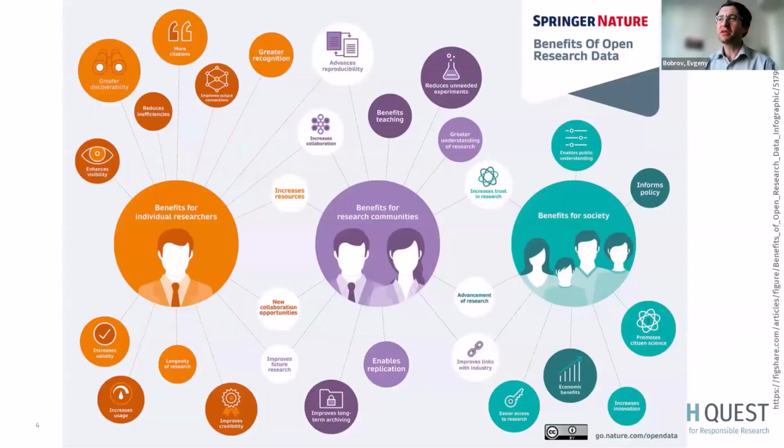This is something that I've borrowed from a publisher, and my point is not to go through all of these blobs, but rather to have a very big summary slide which shows that there is a value in data sharing, which is on the level of individual researchers, on the level of research communities, and on the level of society. And I think some of this, even in this slide, might be a little bit repetitive, but there are many very good reasons for why data should be shared.